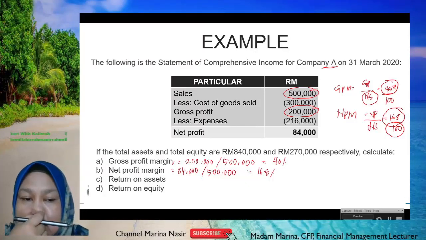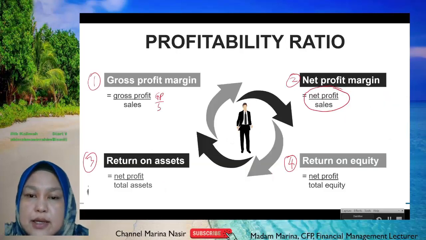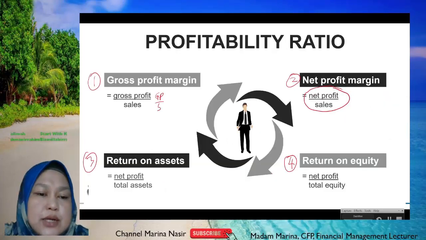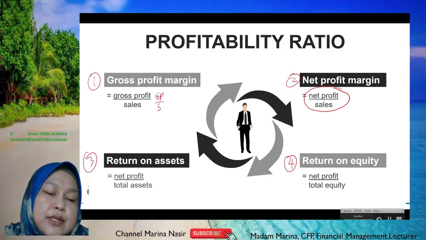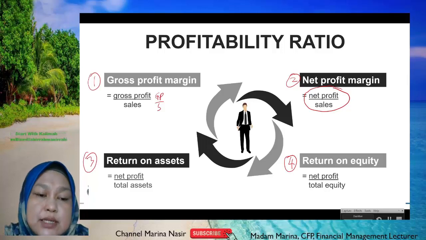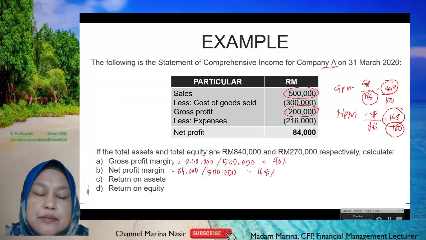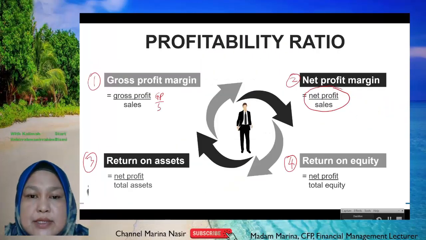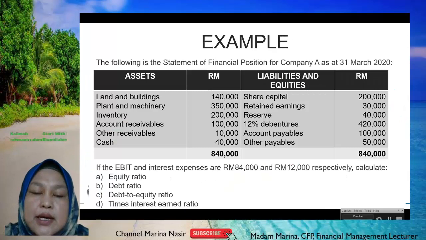Okay, the third one, return on asset. How to calculate return on asset? Net profit divided by total asset. Our net profit is 84,000 and our total asset, still remember in the previous slide, is 840,000.